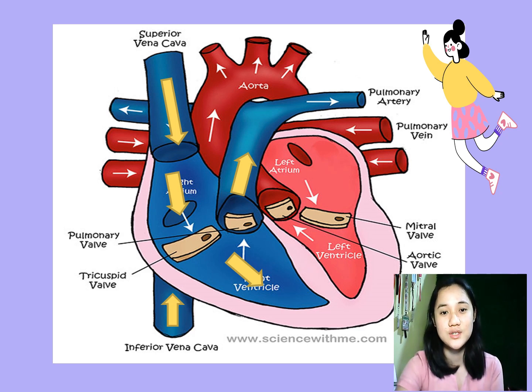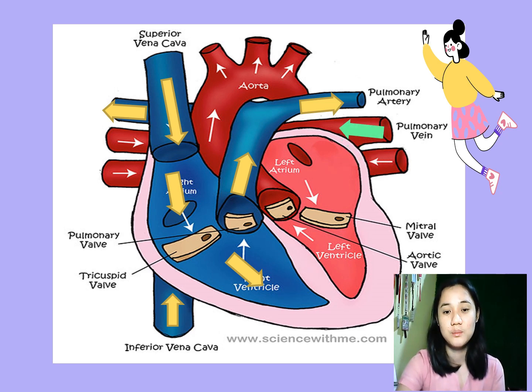Okay? So now, paano ba yung movement ng blood? First, it enters the superior vena cava, again galing yan sa taas, and the inferior vena cava. So magkikita yung blood natin sa loob ng right atrium. Mula sa right atrium, bababa siya sa right ventricle, and remember, ang function ng right ventricle is to pump, diba? So yung blood dito, ipapump niya papunta sa pulmonary artery. Pupunta siya sa lungs.